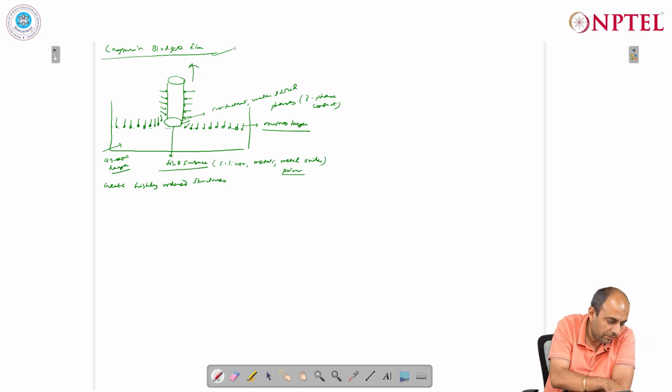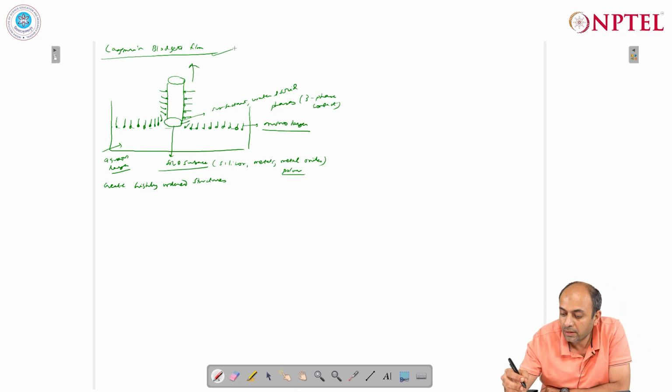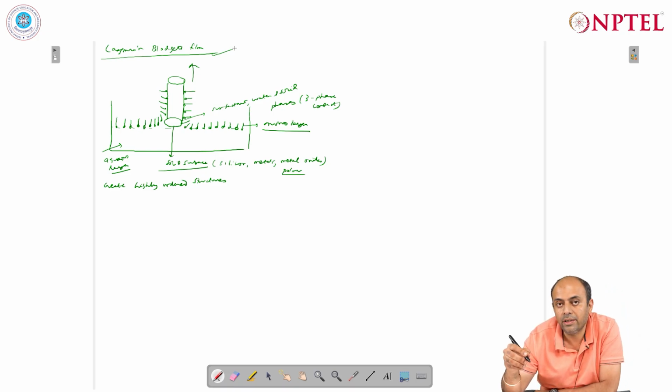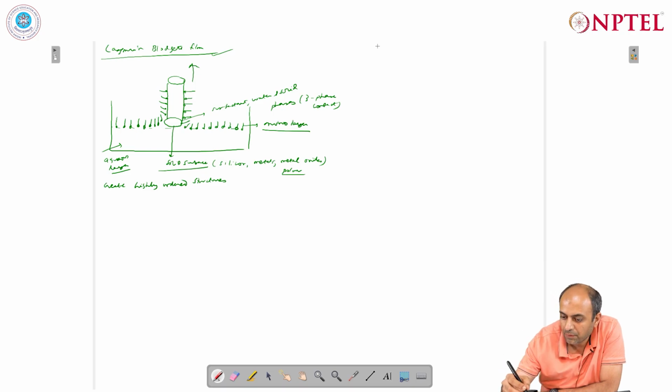So, this Langmuir-Blodgett film has now been applied to understand different interesting processes which now happen at the interface. Because these processes happen at the interface and they involve the presence of self-assembled monolayers, we refer to these as surface self-assembled monolayers, that is we call these as SAMs.